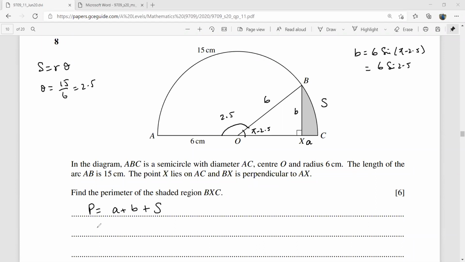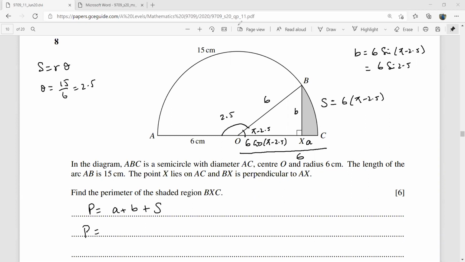And this A is going to be, you know that OC is 6, and this OX is going to be 6 cos pi minus 2.5. So we are done with this. And this arc length is going to be r theta, 6 into pi minus 2.5.